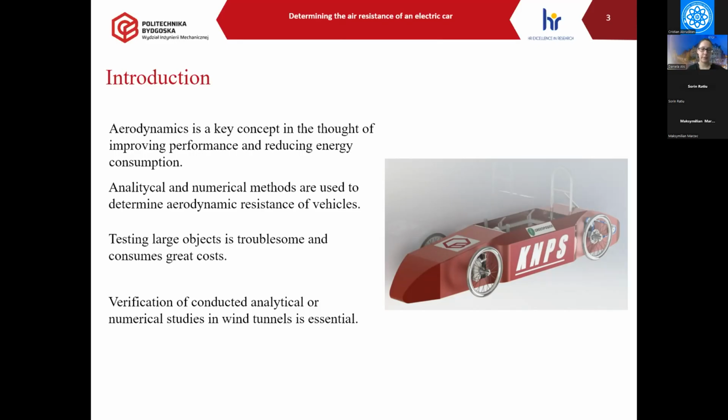In connection with the construction of an electric bolide within the scientific circle, the problem arose of studying the aerodynamic resistance of the vehicle, wanting to design the optimal shape of the shell.